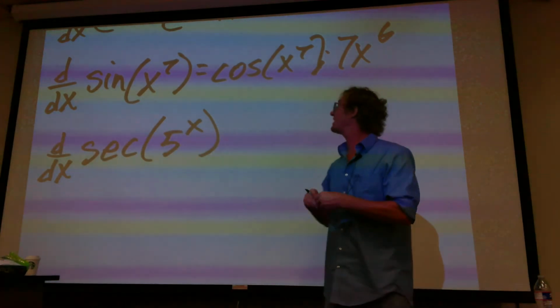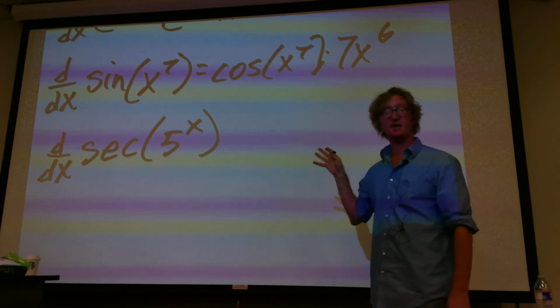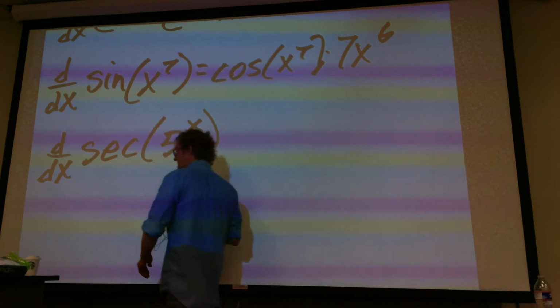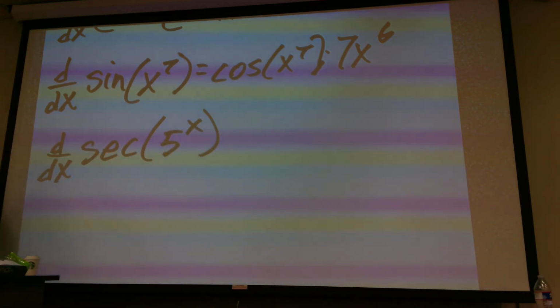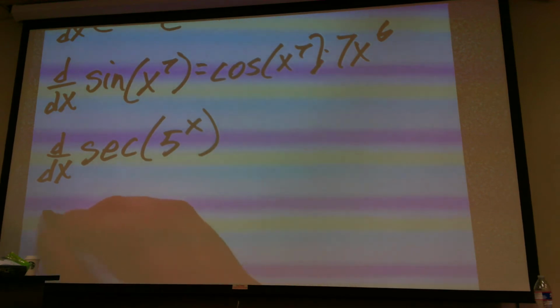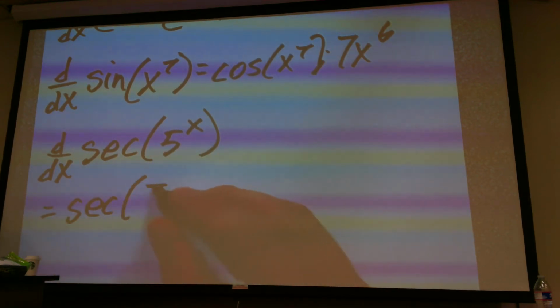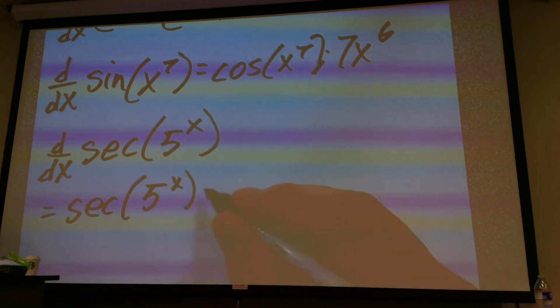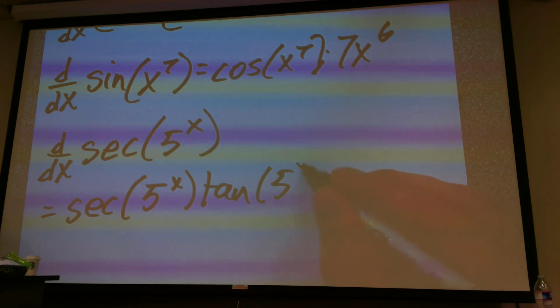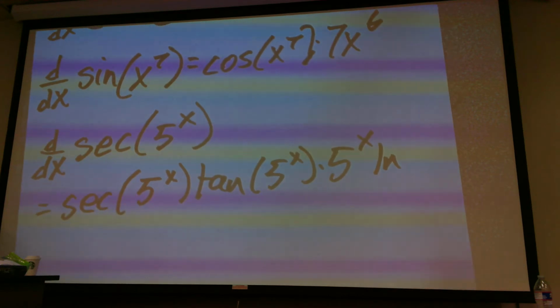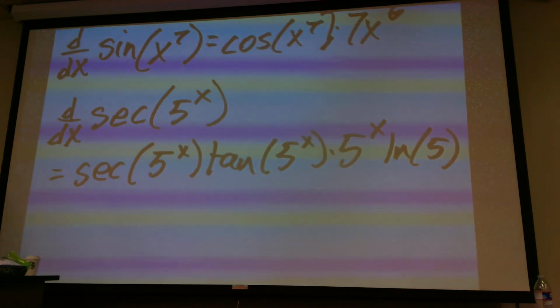You need to keep that 5 to the x in both the secant and the tangent. So this would equal secant of 5 to the x tangent of 5 to the x, and then multiplied by 5 to the x times the natural log of 5.